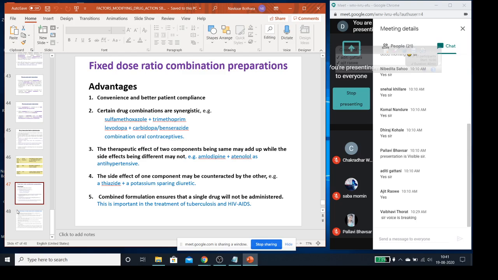So in urine, if more potassium is excreted, then the body will have less potassium, which is called hypokalemia. If we use a potassium sparing diuretic, then it will balance this, and we can reduce the dose of both, and therefore again we will have fewer adverse effects and more benefits.